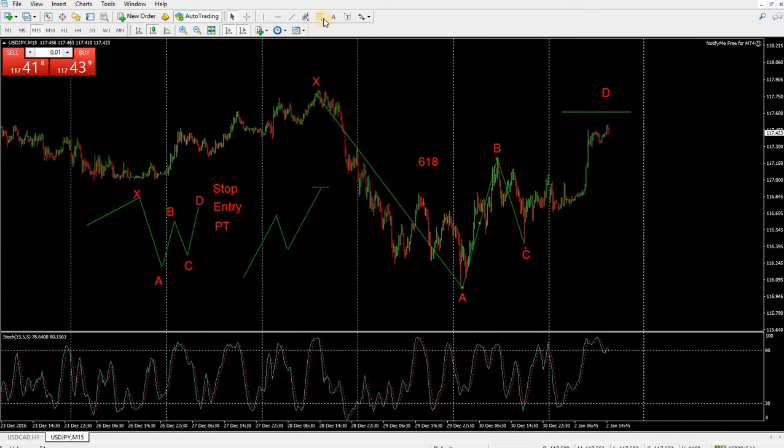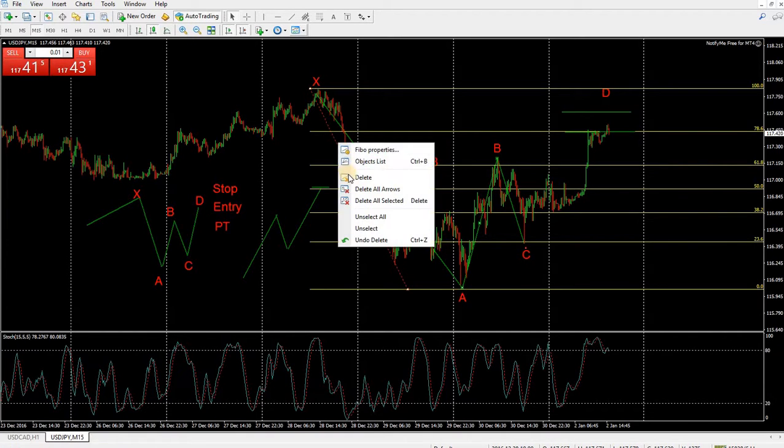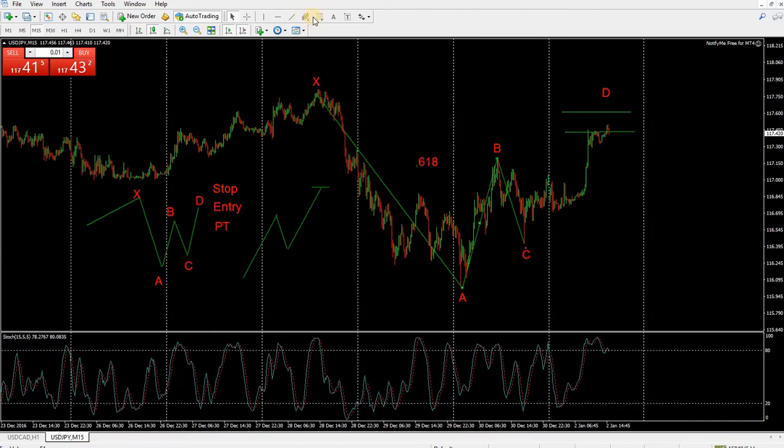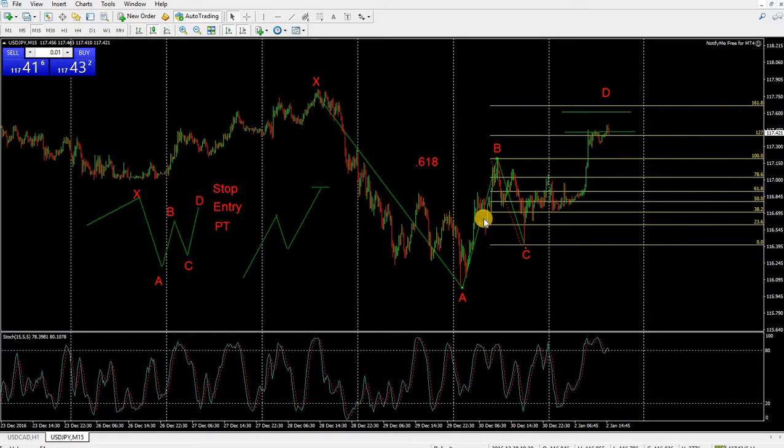Now our next part, we would take our Fibonacci tool back to the X to A leg, and we are looking for this 786 level. And the final part, we take our Fibonacci tool from B to C, and we are looking for a Fibonacci extension of 127.